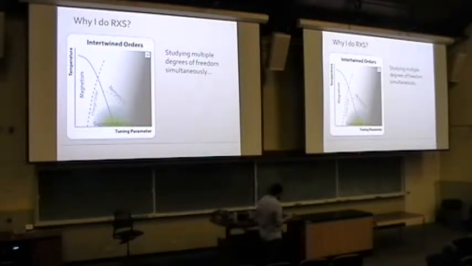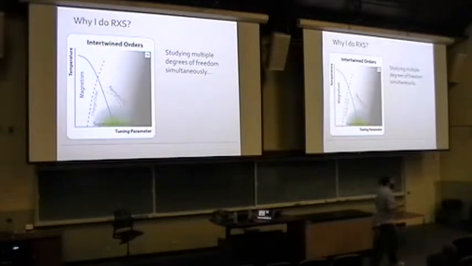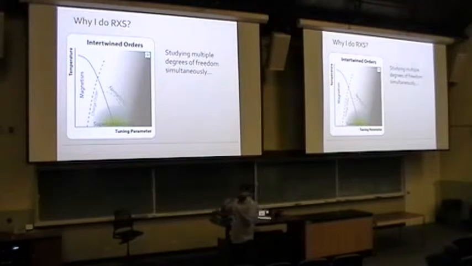And the power of the resonant X-ray scattering technique is that it can really be sensitive to all those degrees of freedom. Okay? And in many measurements, the hope is that you can also see how those degrees of freedom interact, how they might couple.